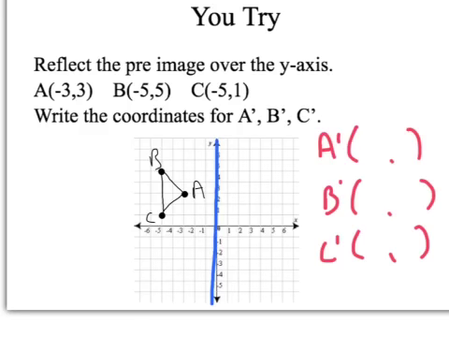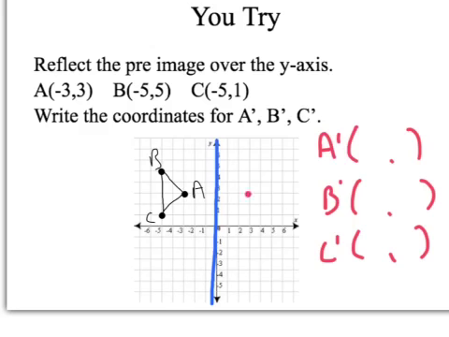Alright, so to reflect over the y-axis, your vertical one, you want to see how far away each point is from that axis. If we want to do A prime first, it is 1, 2, 3 away on the left-hand side. So I need to put it 3 away on the right-hand side.